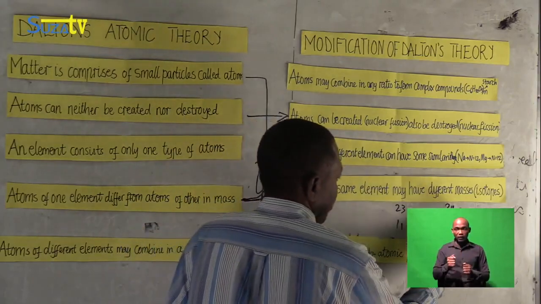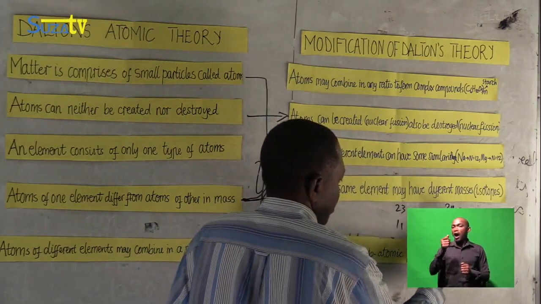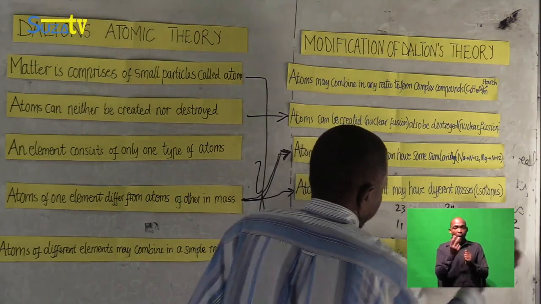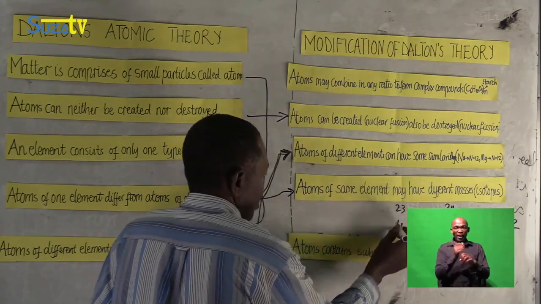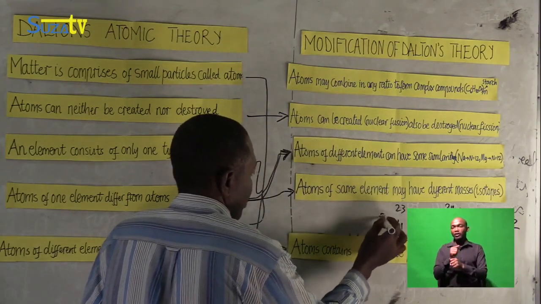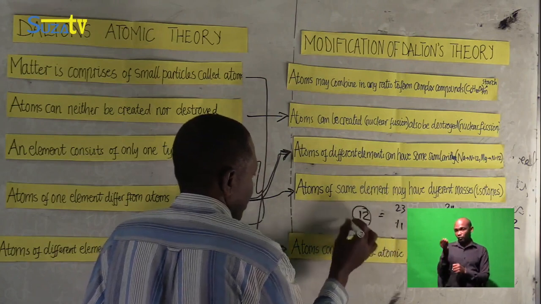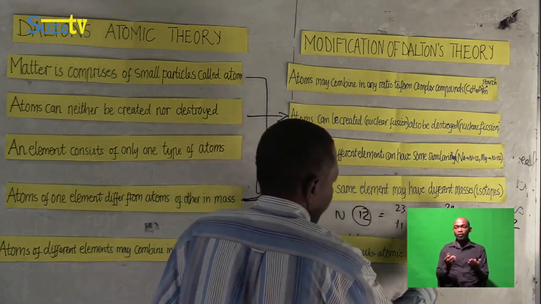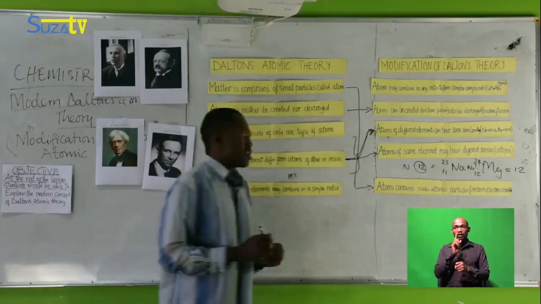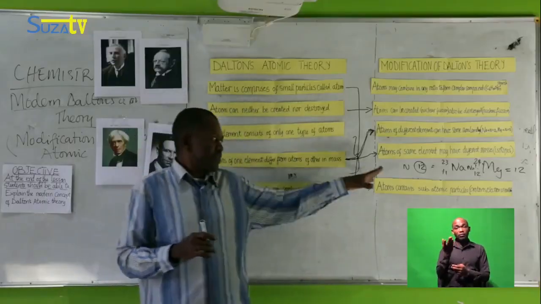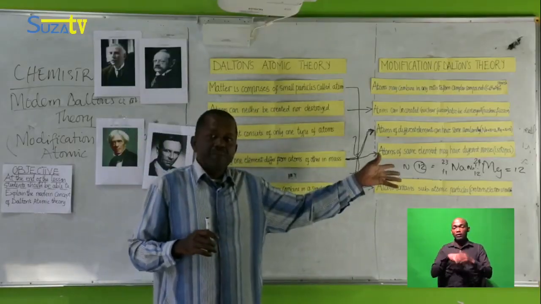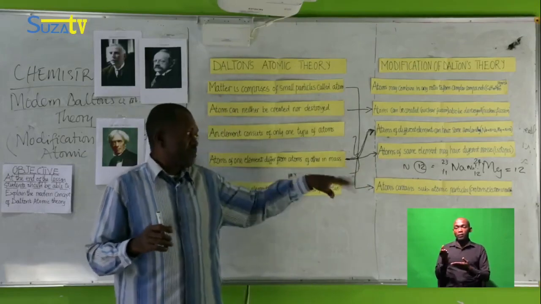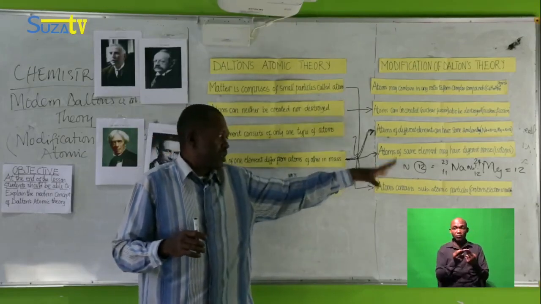By subtracting 24 by 12, we have 12, and subtracting 23 by 11, we also have 12. This is the total number of neutrons in each case. So it seems that this property becomes the same from sodium to magnesium.